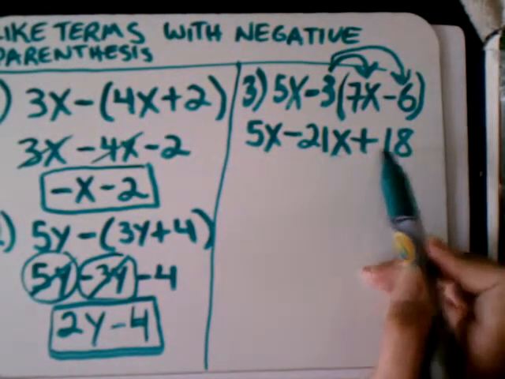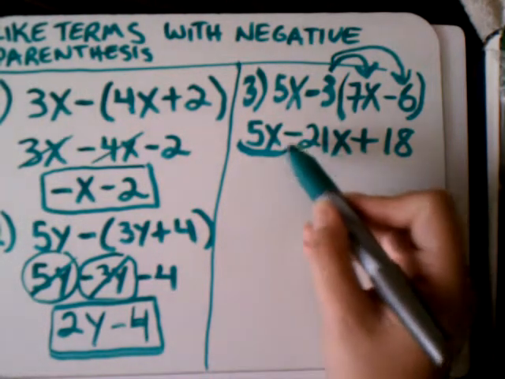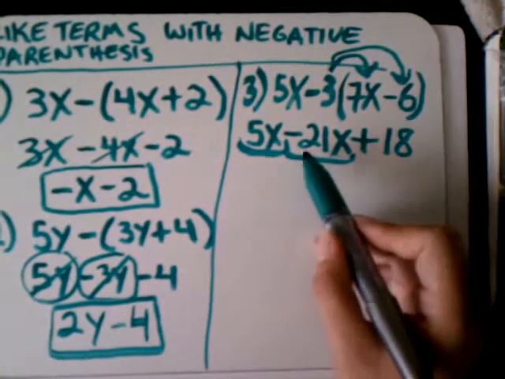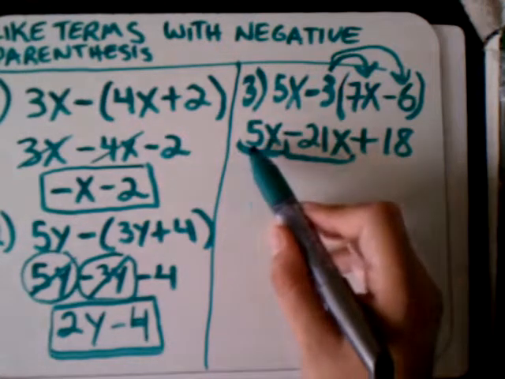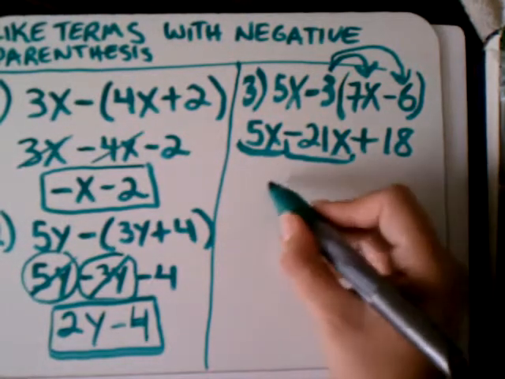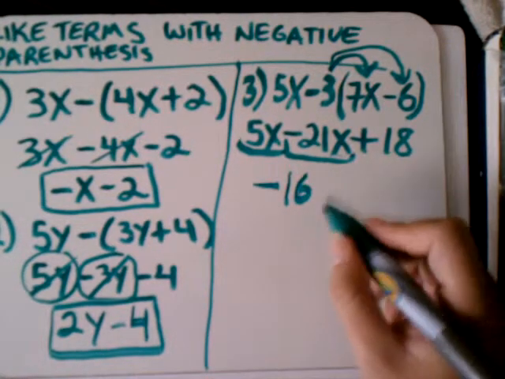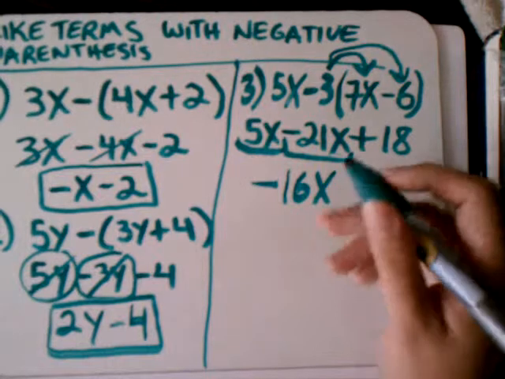Do you have something you can combine? Yeah, you have the 5x, and you have the negative 21x. Okay? If you owe $21 and you have 5, well, you pay your 5 and you still owe 16. Okay? Don't forget the x.